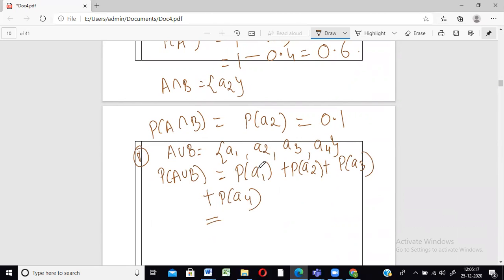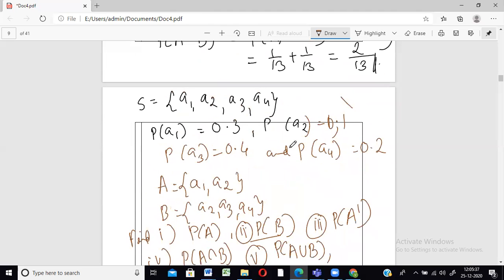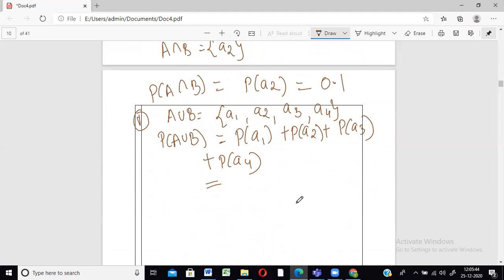We know that the total should of course be equal to 1 because it's complete, no? That is the sample space, so probability of the sample space should always be equal to 1. This is A1, how much was A1? 0.3, 0.1, 0.4, 0.2, right? So adding up all, we get the answer as 1. So that's the entire sample space.